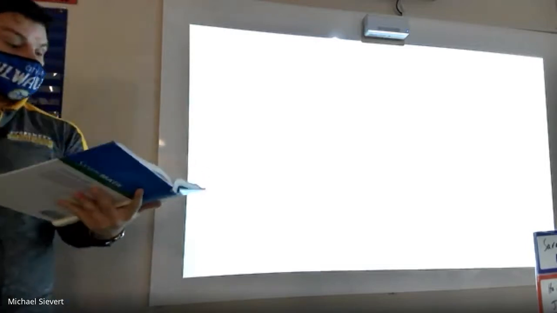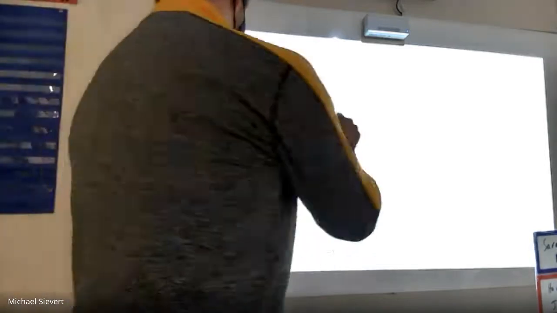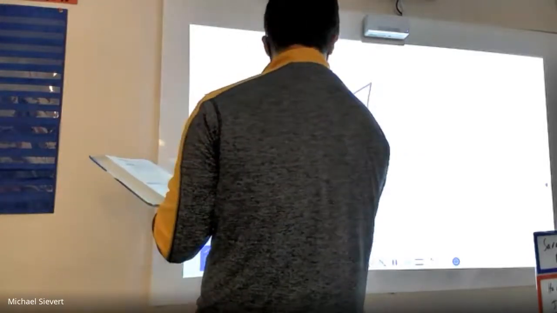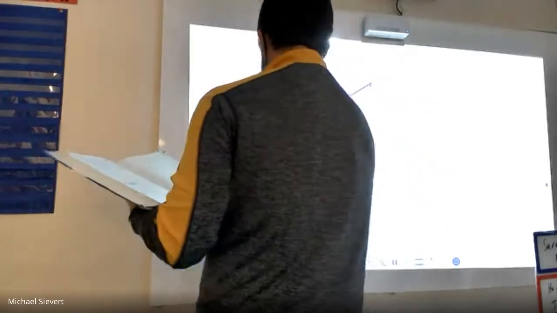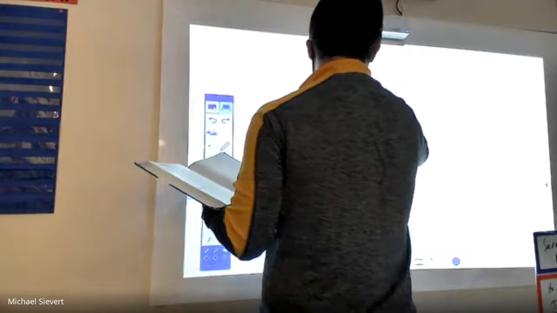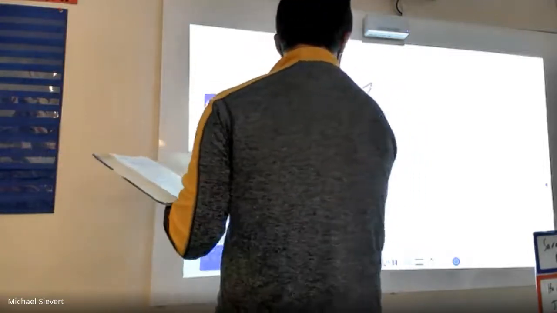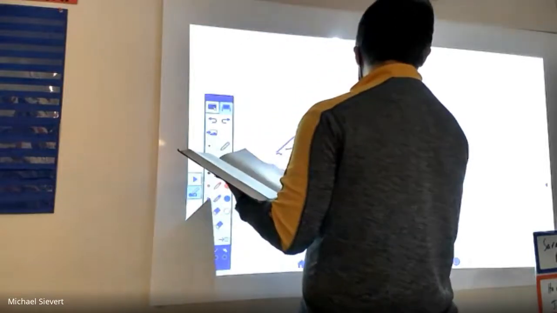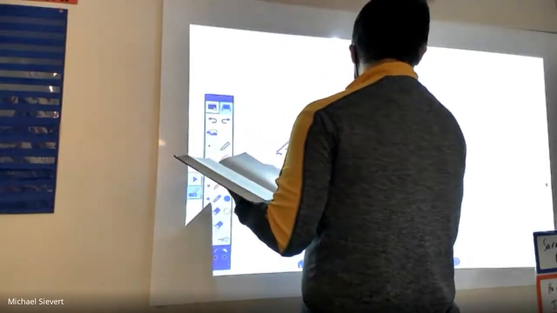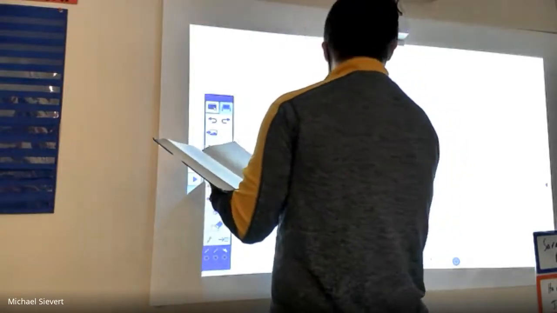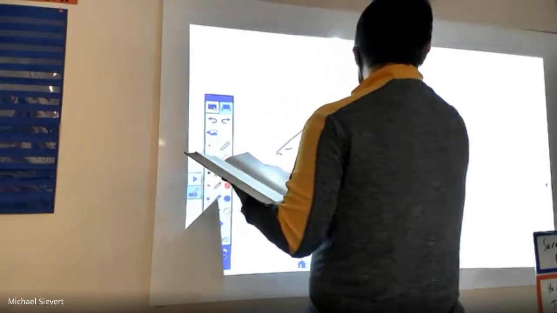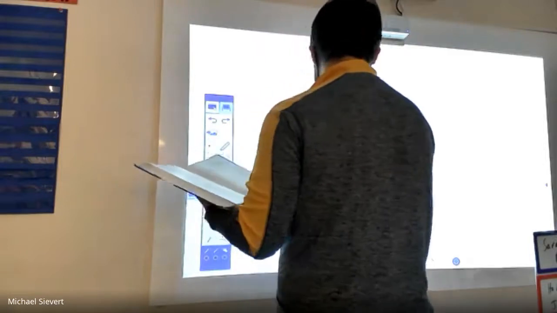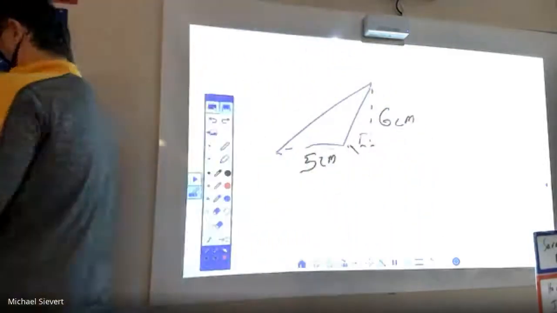All right, this will be on your exit ticket, a problem like this. So you do need to know how to do it. It needs to be more slanted, like that, okay? But it's not just this. It gives you, goes like this, with a 90 degrees, this is 6 centimeters. This is 5 centimeters. Okay?